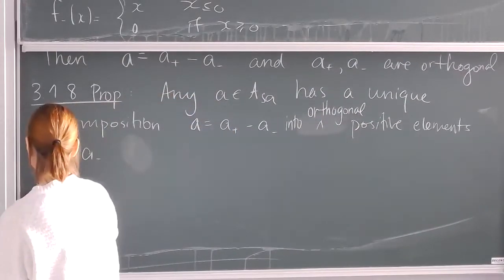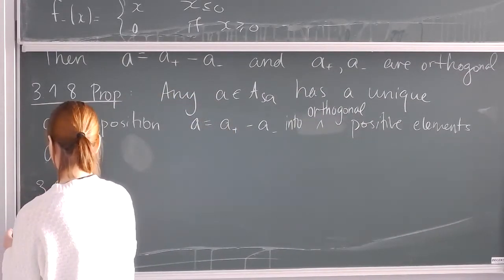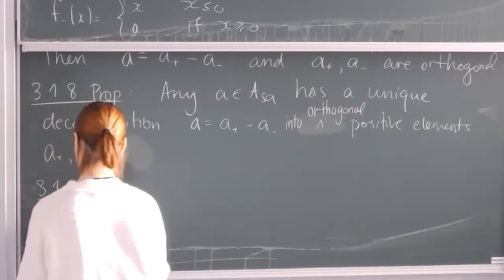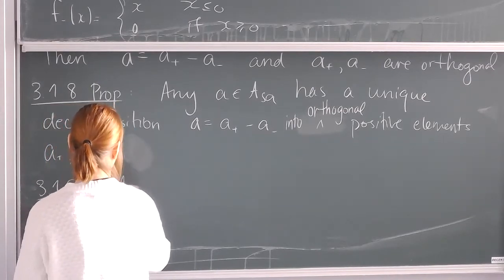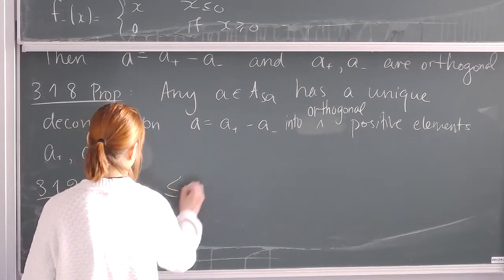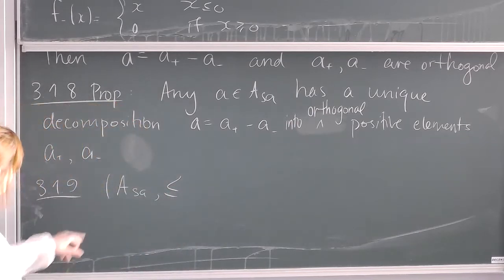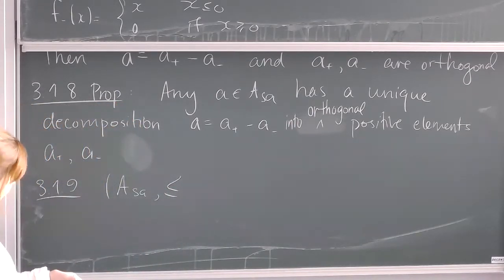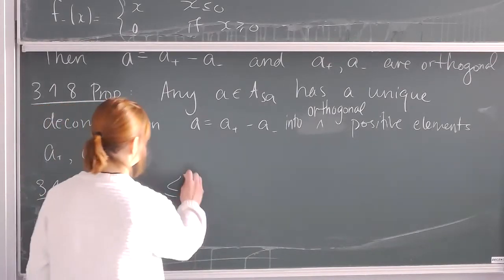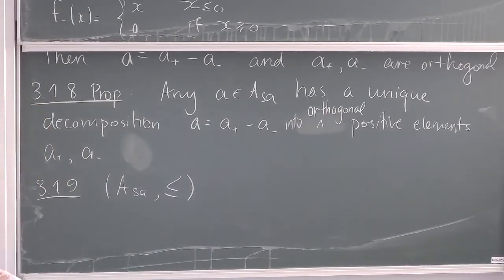So as a corollary, we get that the set of self-adjoint elements with this partial order is actually upwards directed.